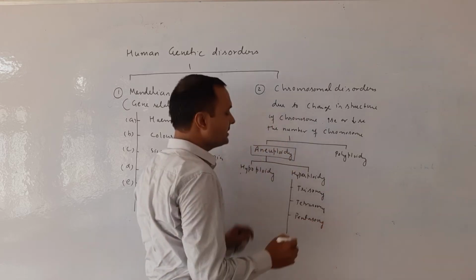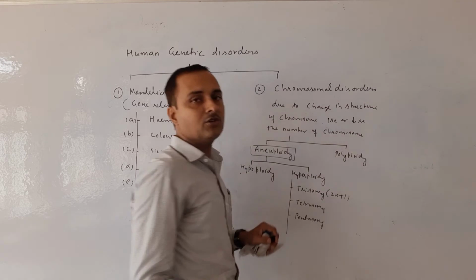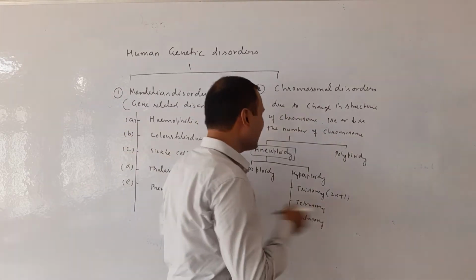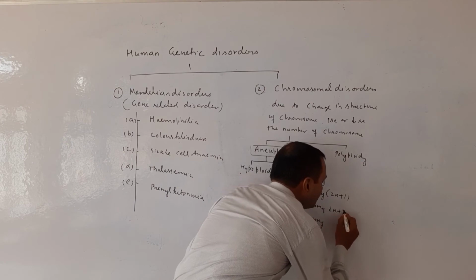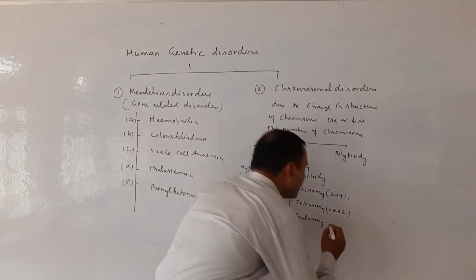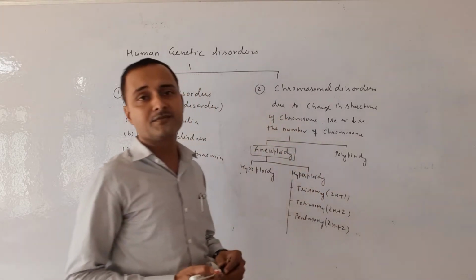Trisomy is represented by 2n plus 1, meaning one chromosome increases. In tetrasomy, two chromosomes increase. In pentasomy, three chromosomes increase from the normal diploid set.